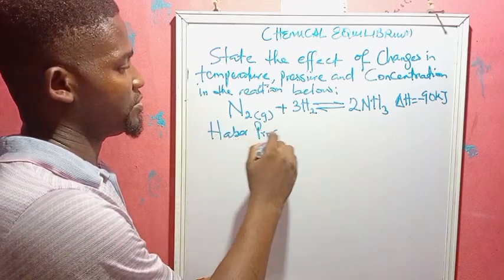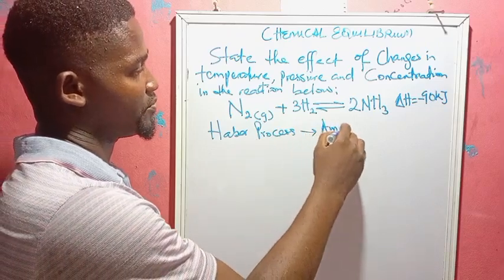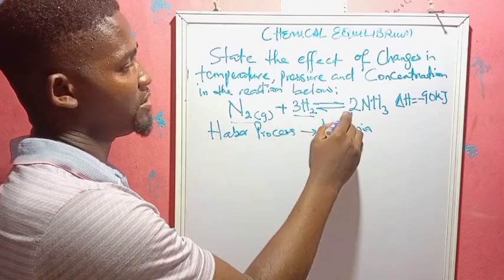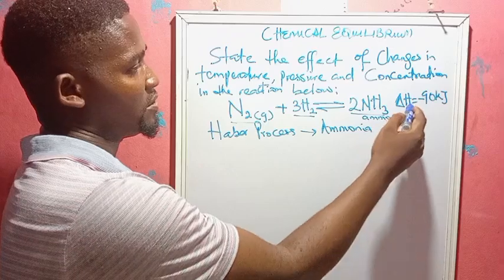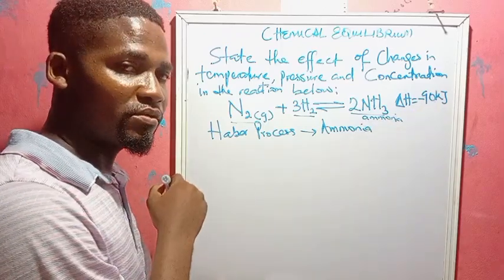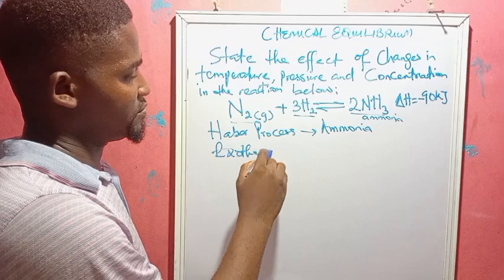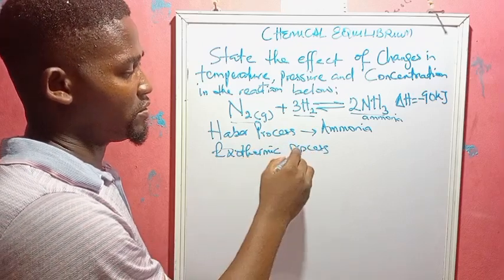This is a Haber process where we use iron as catalyst to produce what? Ammonia. This is nitrogen, this is hydrogen, and this is ammonia being formed here. Delta H equal minus 90 kilojoule tells us that it is an exothermic process, that is, heat is given off to the surroundings.